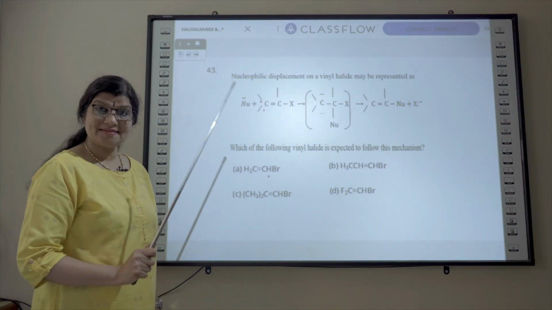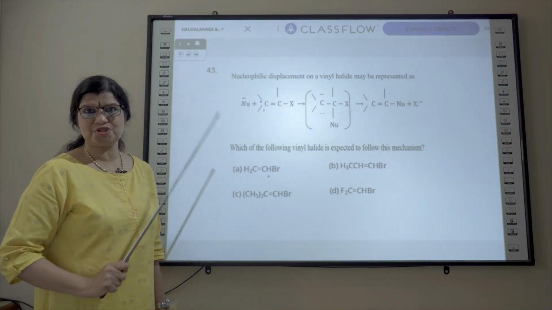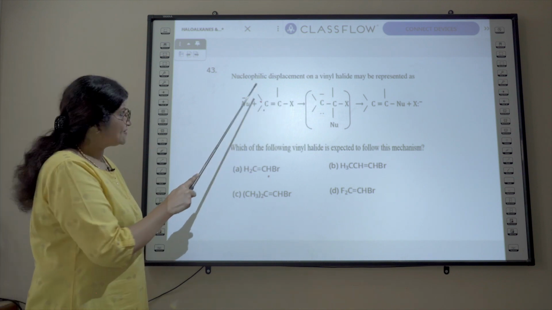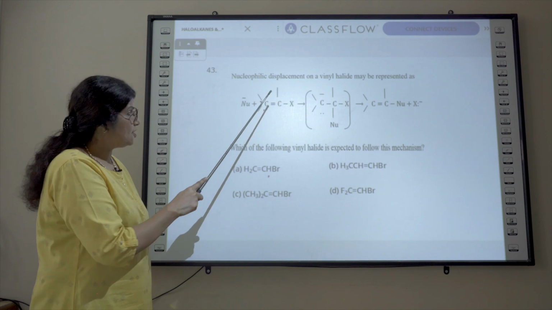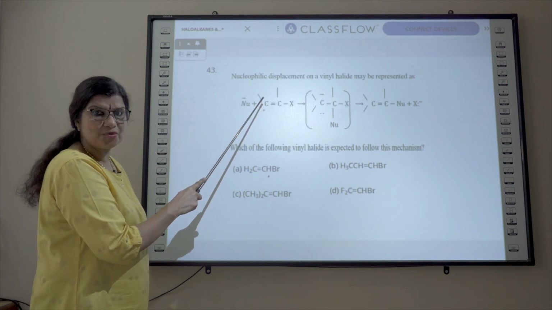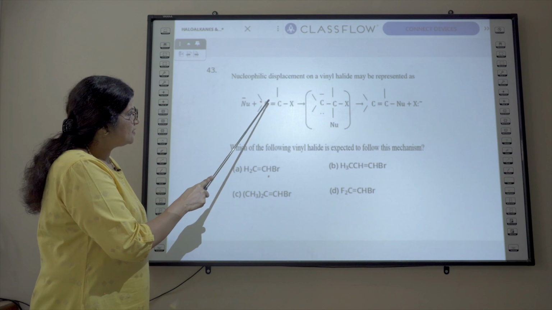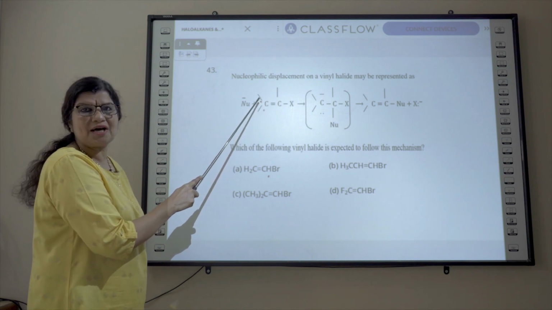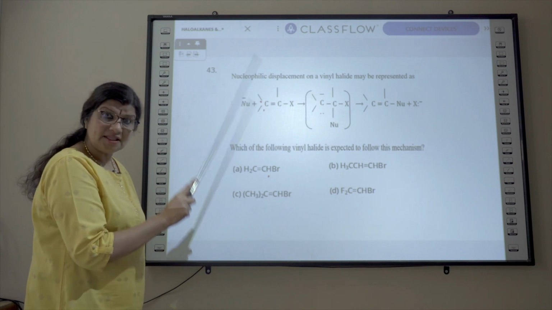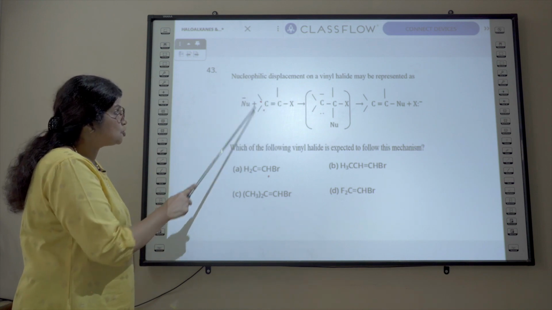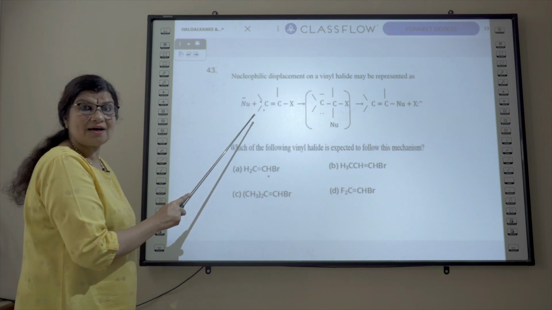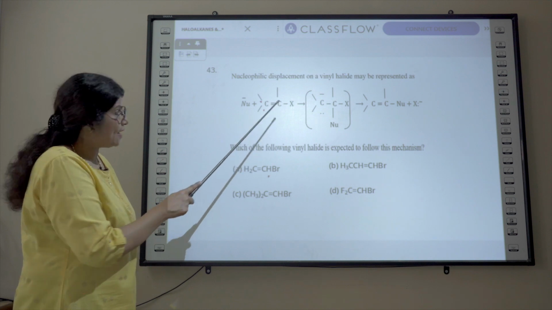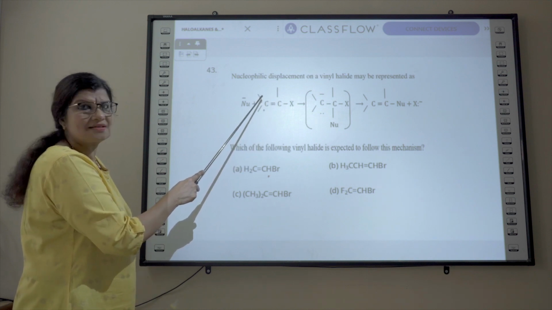What you've got to understand from this discussion is that the presence of electron releasing groups will make this carbon atom electron rich, so the pi bond will not shift to this electron rich carbon atom. In other words, you want electron withdrawing groups on this carbon atom, which will pull electrons towards itself and pull the pi bond towards this carbon atom.